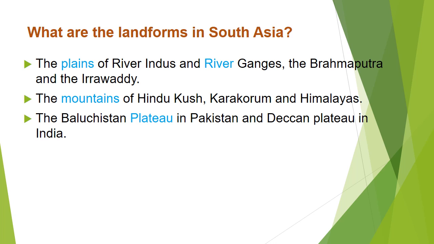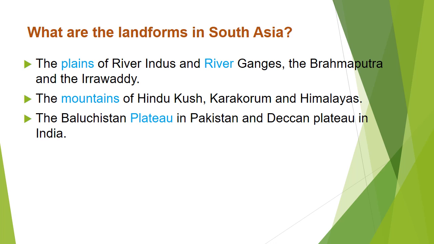The landforms in South Asia are plains, rivers, mountains, and plateaus. So my dear, these four words are keywords. If you want to write about the landforms in South Asia, you have to keep these four key terms or keywords in your mind, and then you will be able to write about the landforms in South Asia.